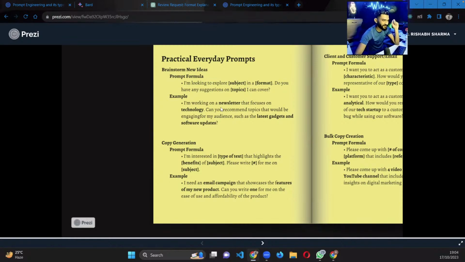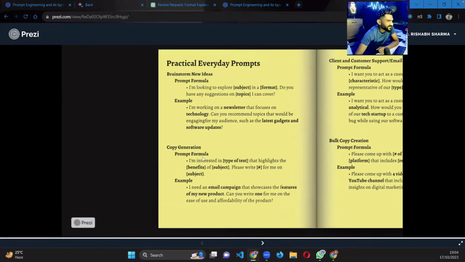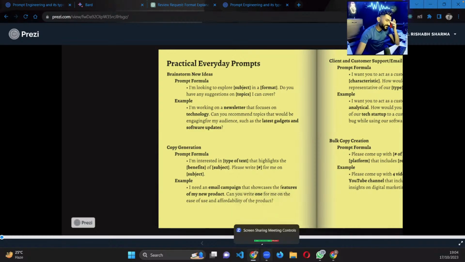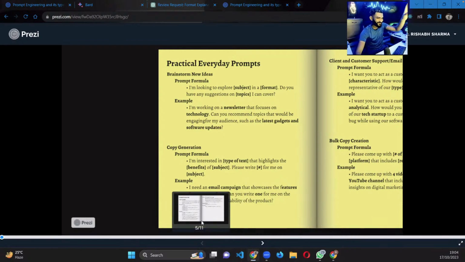C means ChatGPT, B means Bard, or both. Okay, both. Fine.